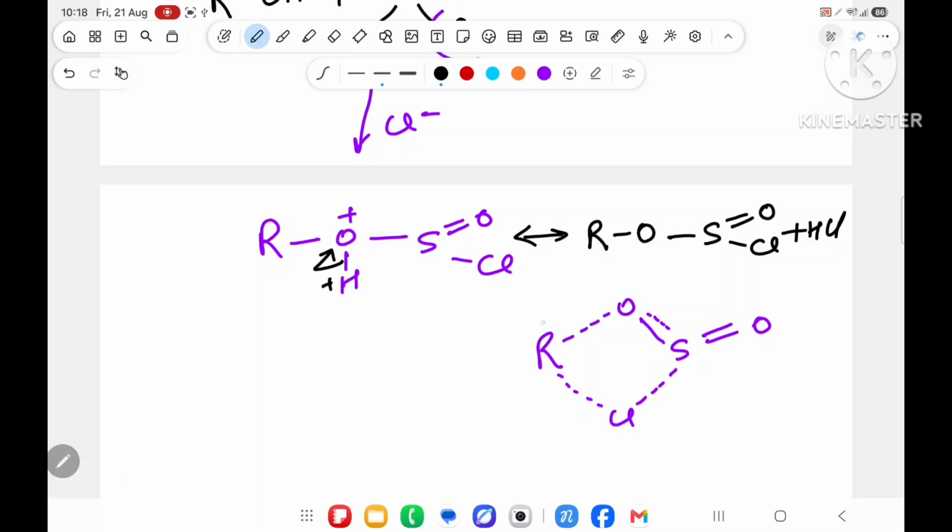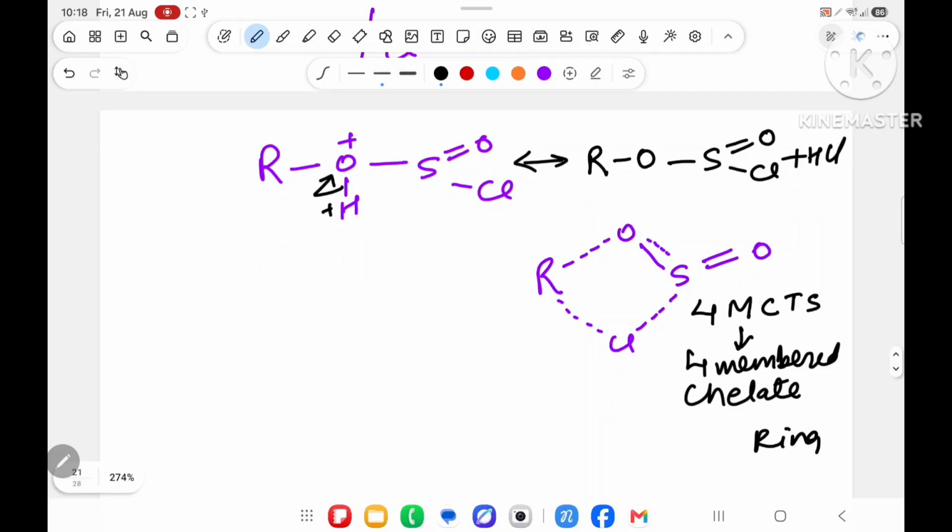A 4-membered ring: 1, 2, 3, 4-membered ring. You have to understand how the mechanism happens. So it will form a 4-membered chelate ring.